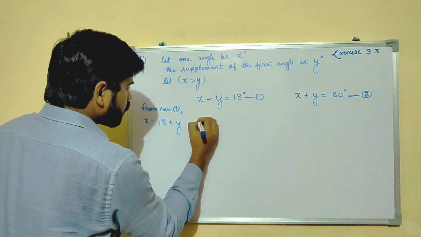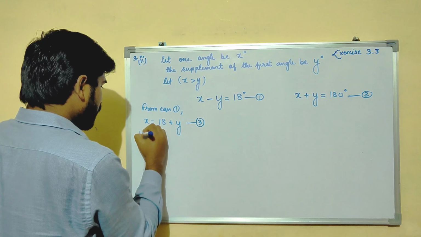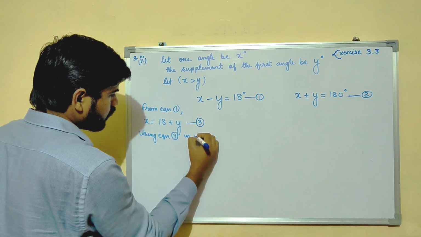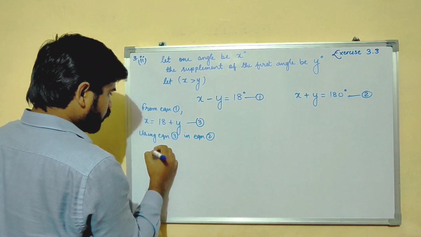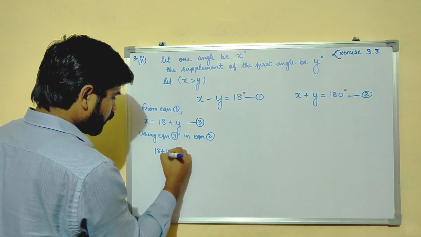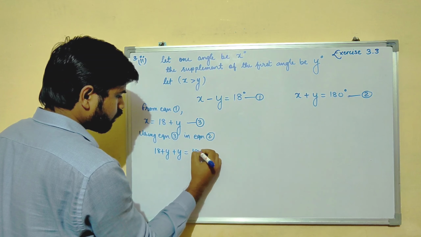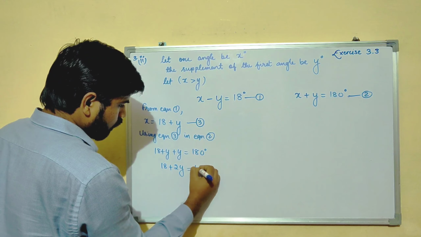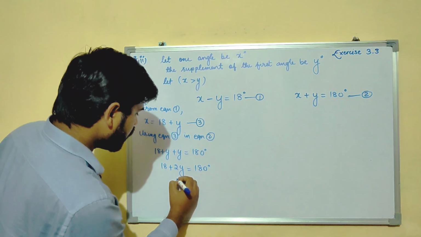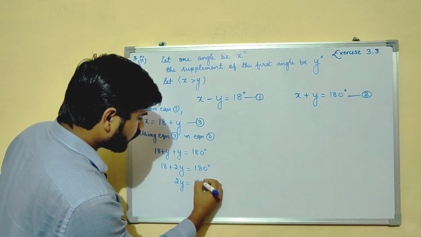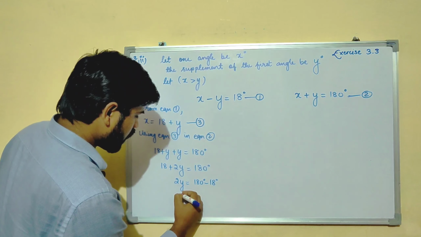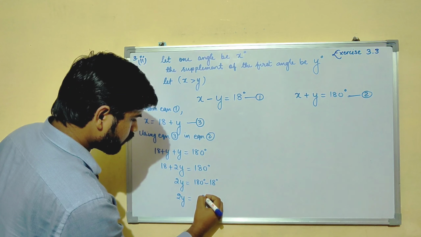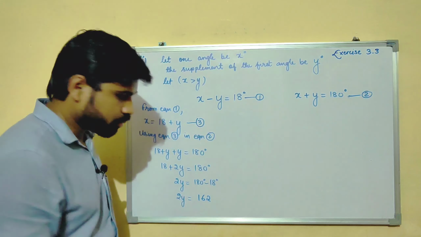Now substitute this value in the second equation, using equation 3 in equation 2. So 18 plus y plus y equals 180 degrees. 18 plus 2y equals 180 degrees, and 2y will be equal to 180 degrees minus 18. 2y equals 162 degrees, right?